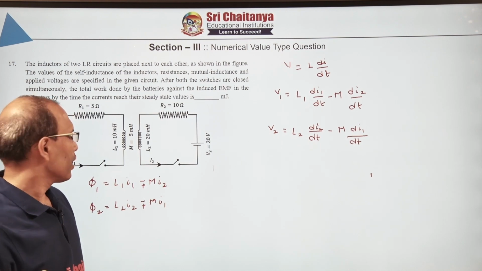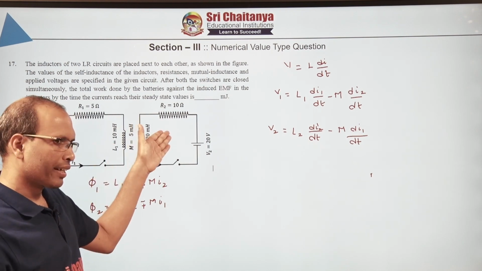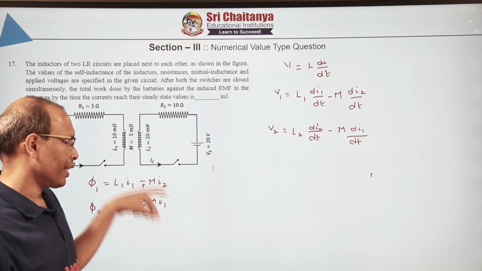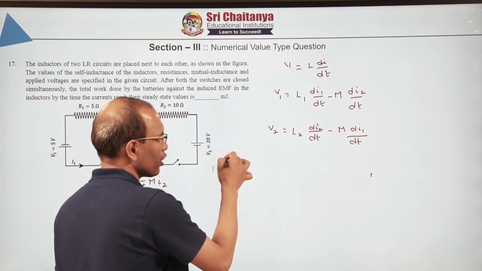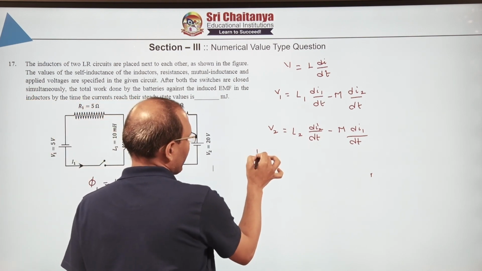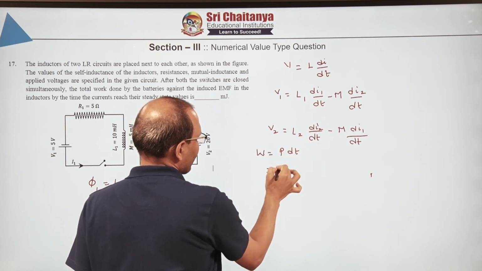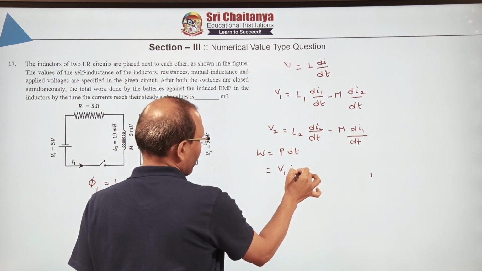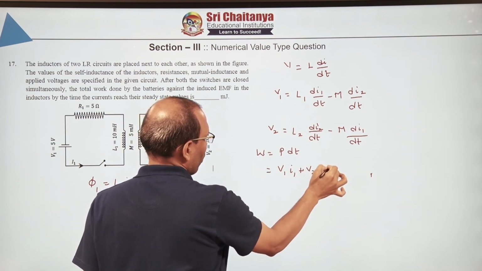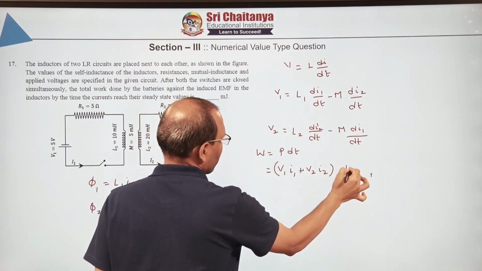So what is the power delivered to these inductors, or power delivered by the battery? We can write power as V into I. Then the work done is P dt, which is (V1 I1 plus V2 I2) dt.